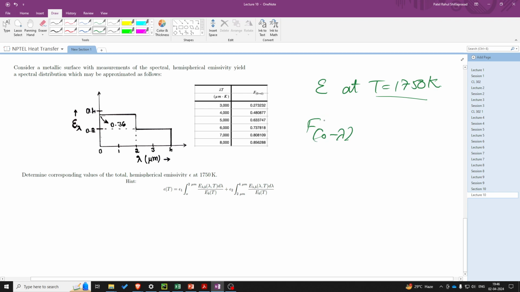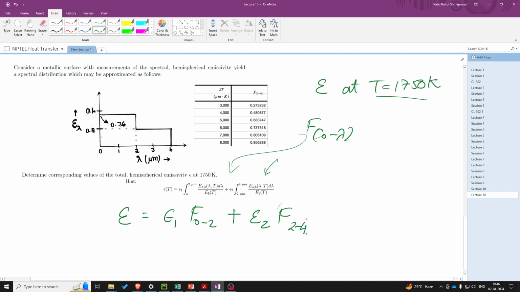And then put it in these equations in order to find the total emissivity. So the total hemispherical emissivity will be epsilon 1 times f of 0 to 2 micrometer plus epsilon 2 times f of 2 to 4.